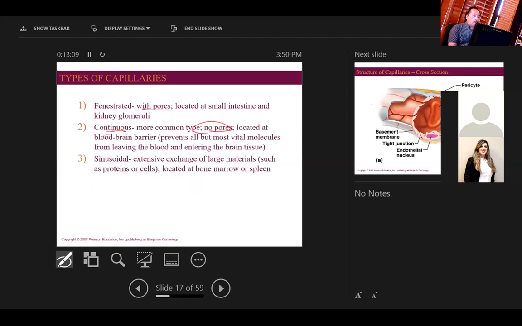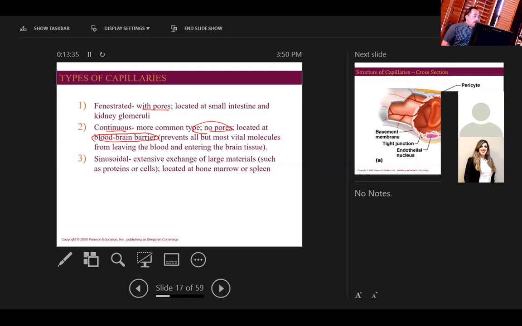Usually the most common area where you see continuous blood vessels is the blood-brain barrier. That's the reason why it's hard to treat any infection in the brain, or hard to give medication to the brain, because it doesn't allow it to diffuse through the endothelial lining, because it lacks pores. That is one of the problems we have in treating any pathology in the brain.